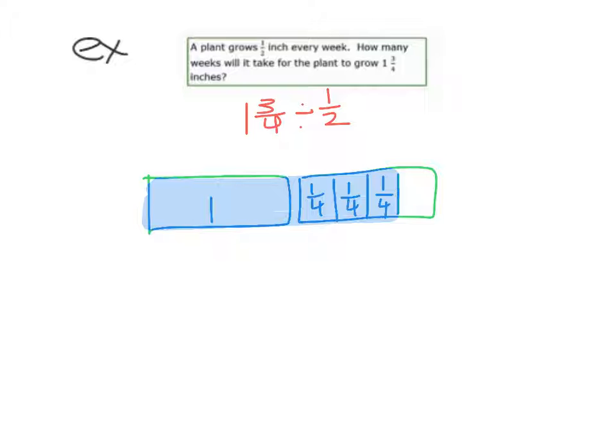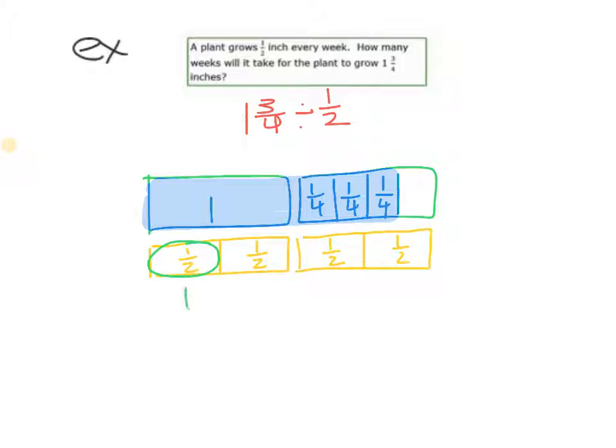Then I'm going to draw another bar model at the bottom here that represents the 1/2 each week. In the first whole, there's 1/2 and 1/2. Then there's 1/2 and 1/2. So how many groups of half are in 1 3/4? Here's one group, 2, 3, and you'll notice we just have half.